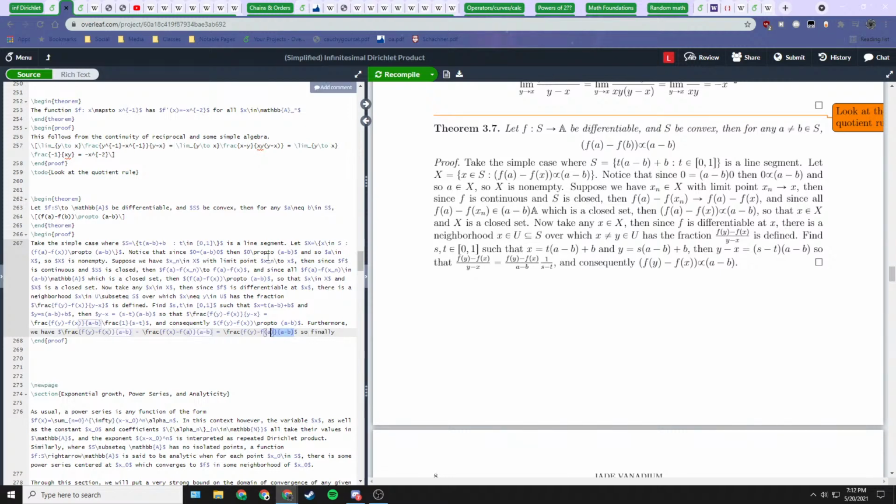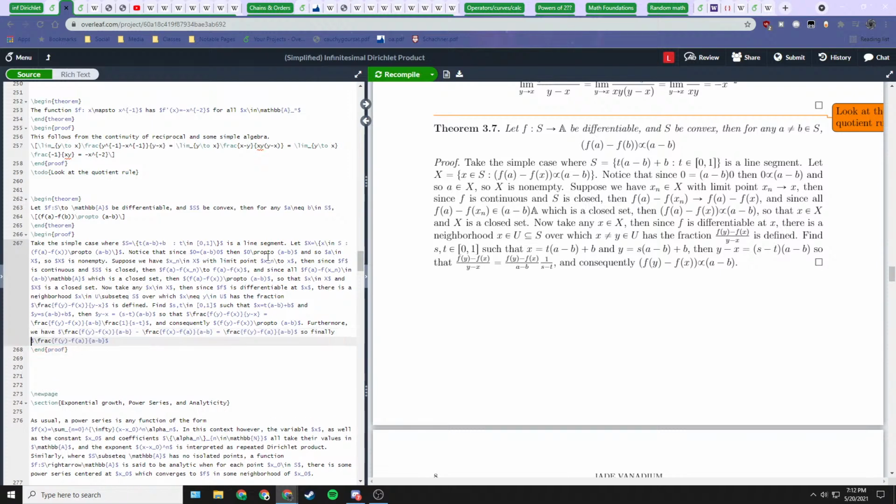So finally, we get this is proportional to that, and y is in x, so that u is a subset of x, and x is open. And that's pretty much the proof.